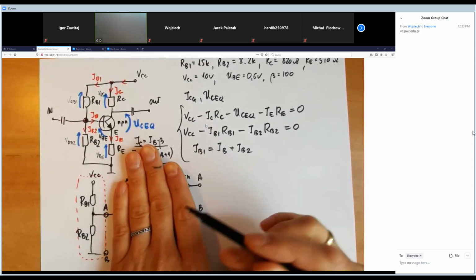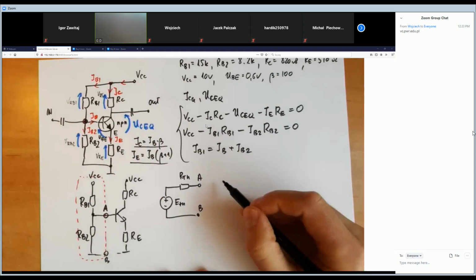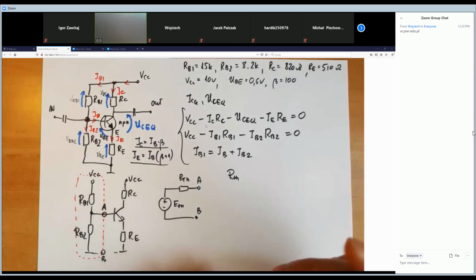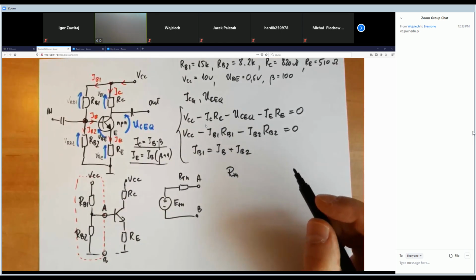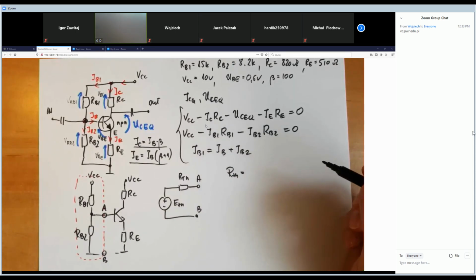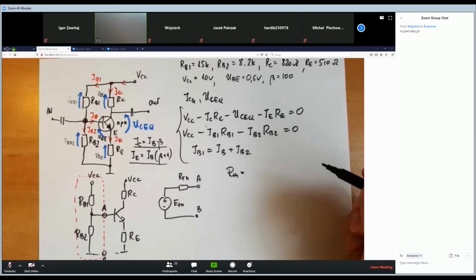Do you remember how we can find the RTH? What we have to do? Jakub, do you remember?